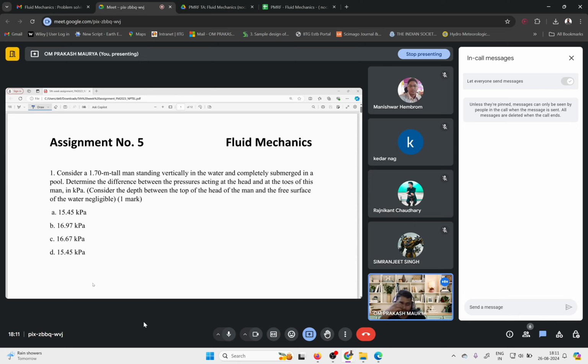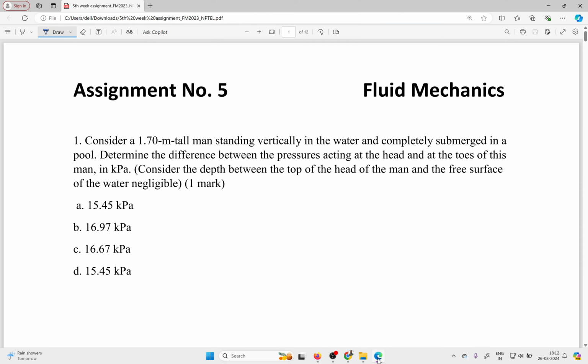So please, anybody, if you want to write your answer, you can write, otherwise I will show you how you will calculate. So let me show you. The question is about a 1.7 meter tall man standing vertically in water. So I can consider one man is there, like that.